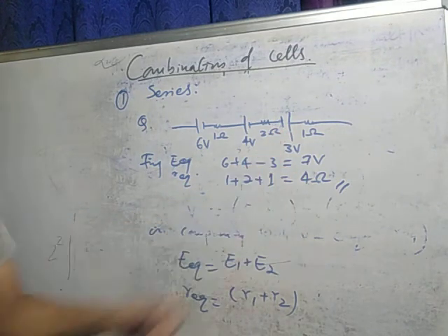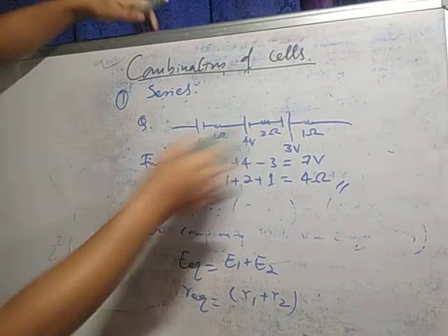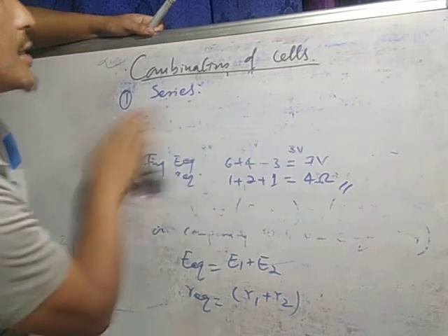If the cell is straight, add; if the polarity is reversed, what do you do? Subtract. Clear? Next, if n cells are there, n cells means so many cells.